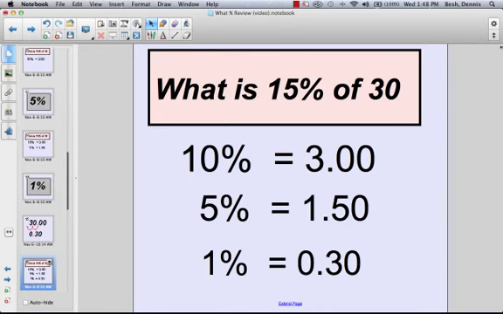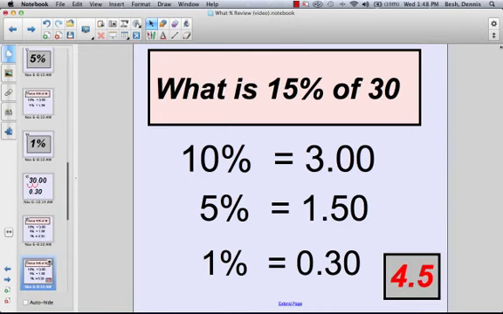So to find 15%, we take the 10% and the 5% and stack them like blocks. 3.00 added to 1.50 gives us 4.50. And that's how we make 15%, by adding the 10% and the 5%.